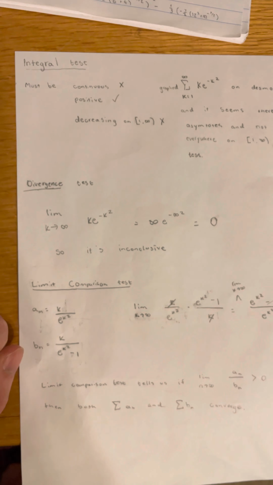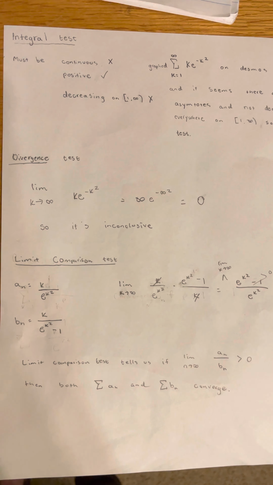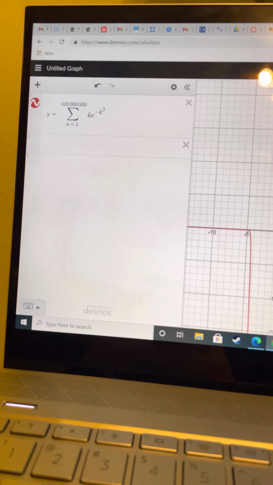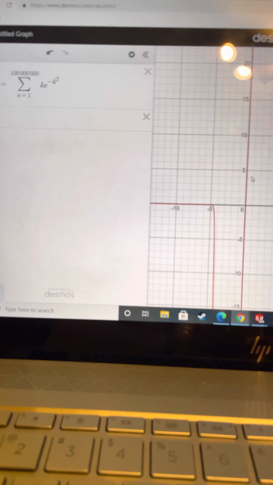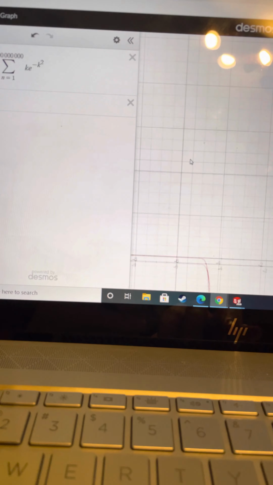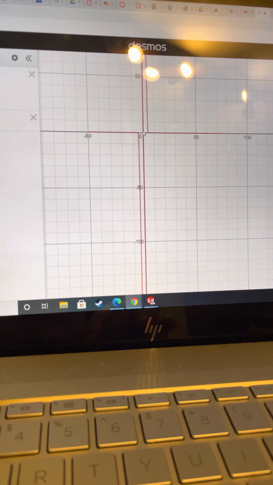So my next test was the integral test, and I wasn't super positive if I did this one correctly. So I graphed it on Desmos, and it wouldn't let me insert infinity for the top value. But I'm pretty sure if it did let me, it looks like this is a vertical asymptote to me.